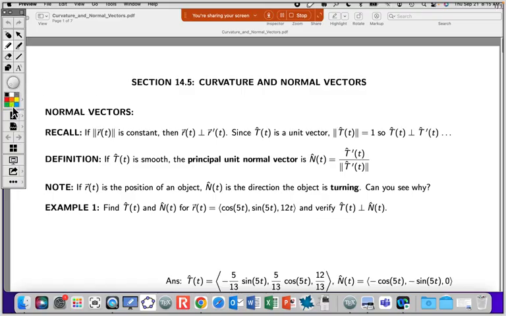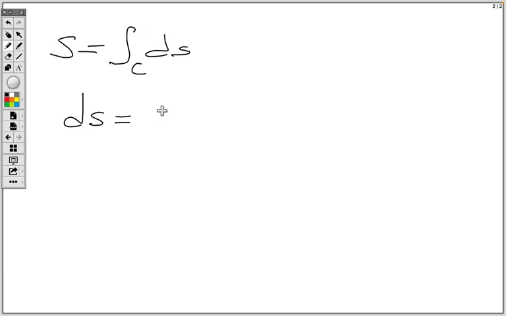First thing is on Monday we talked about arc length. Arc length is the length of the curve. We can get arc length by integrating the arc length differential, and the arc length differential, how far you've gone, is going to be found by integrating your speed.